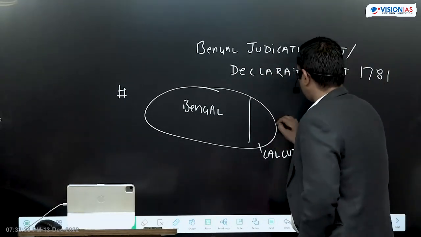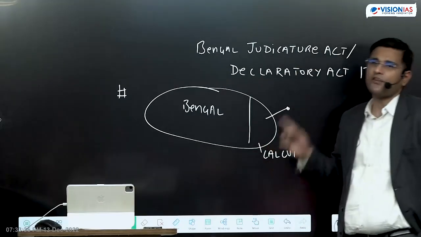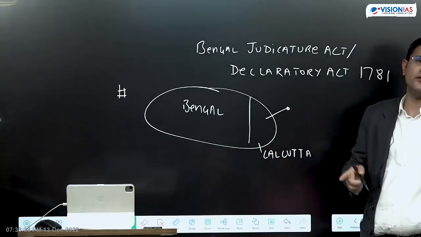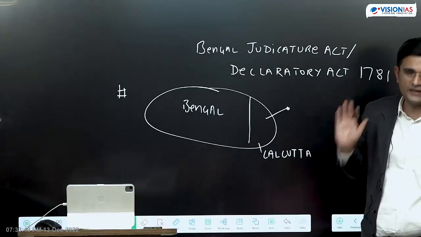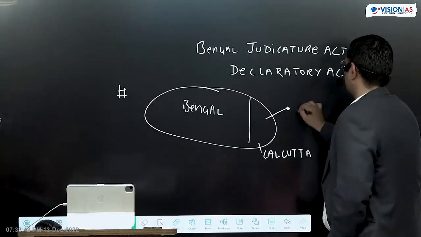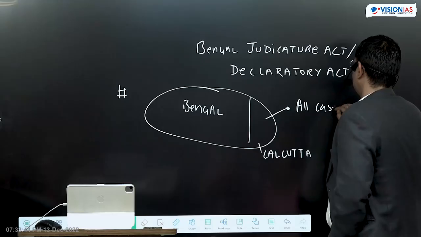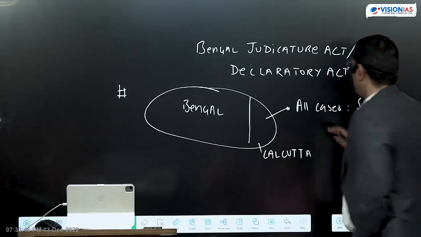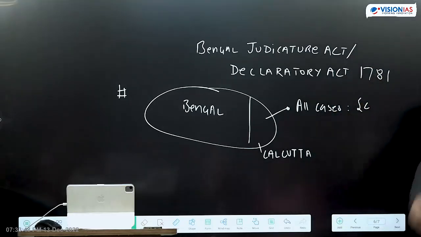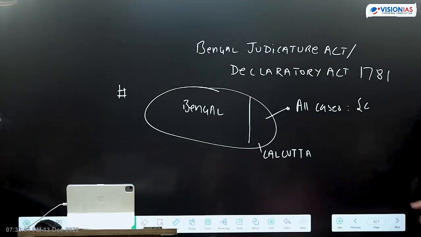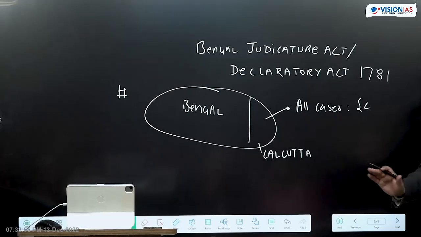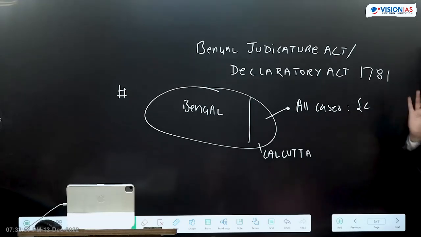Now what is happening? All cases which take place in Calcutta, irrespective of who is involved, will go to the Supreme Court at Calcutta. Even if an Indian has fired upon an Indian, or there is any civil dispute between two Indians, all the cases in Calcutta will go to the Supreme Court at Calcutta.